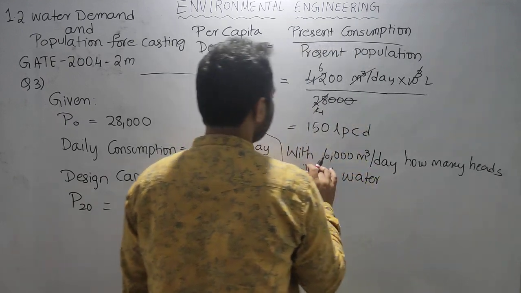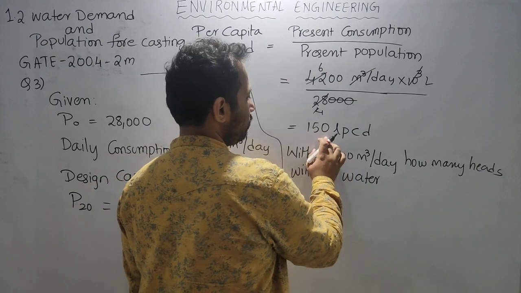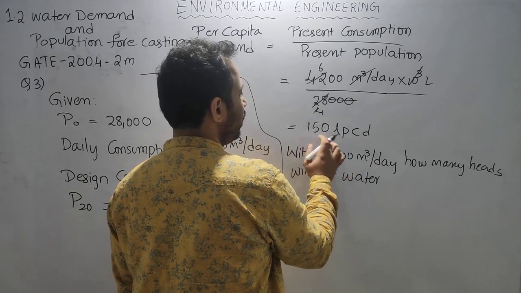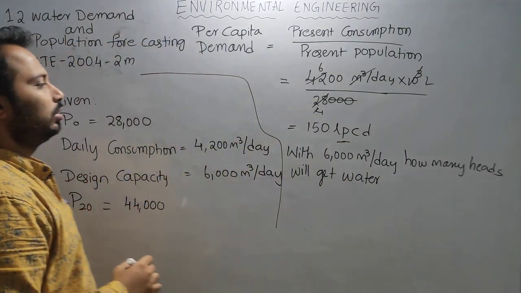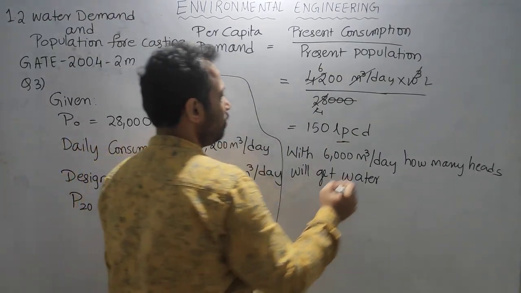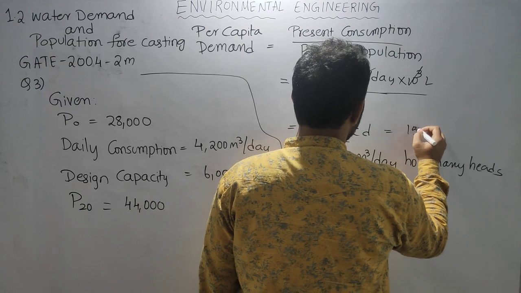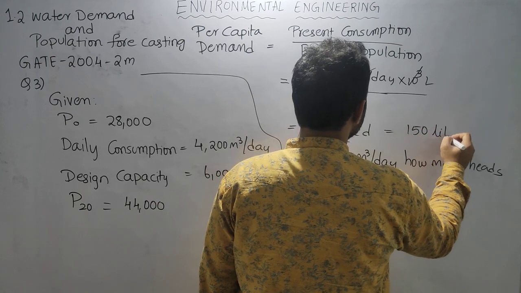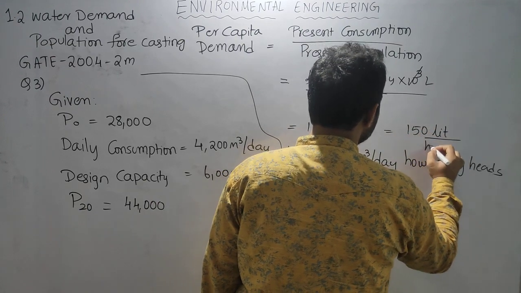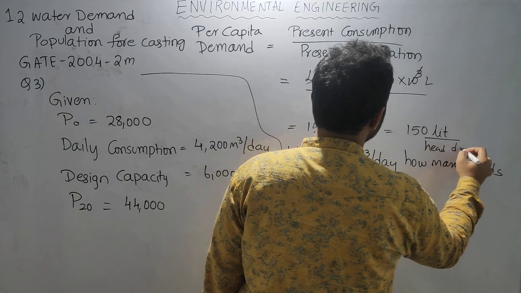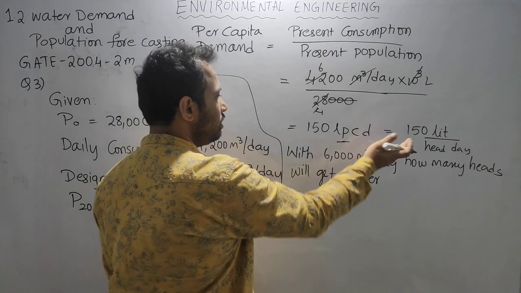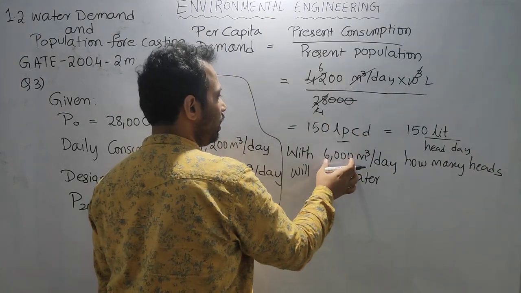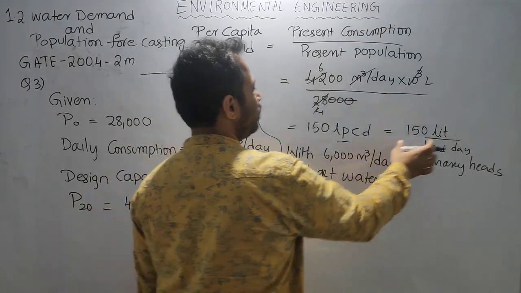That means multiplying this and this, you will get per capita. So here this 150 is liter per head per day, right? So heads has to go up. That means you need to divide this 6,000 with this.